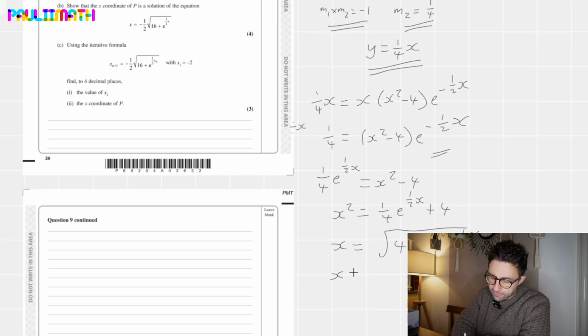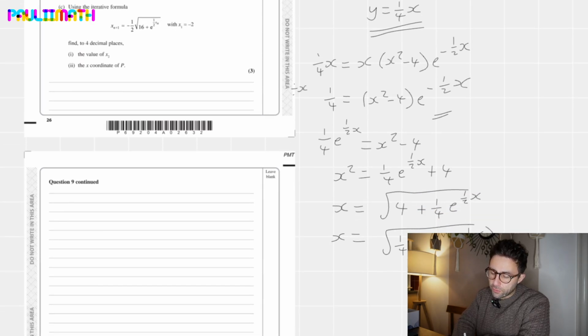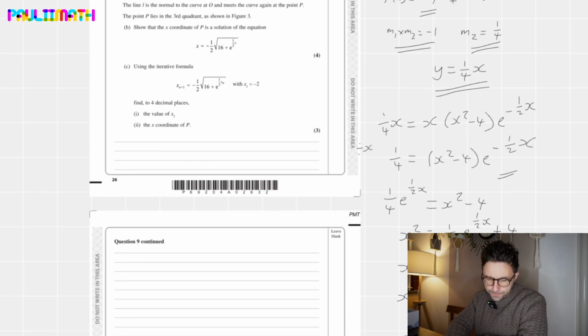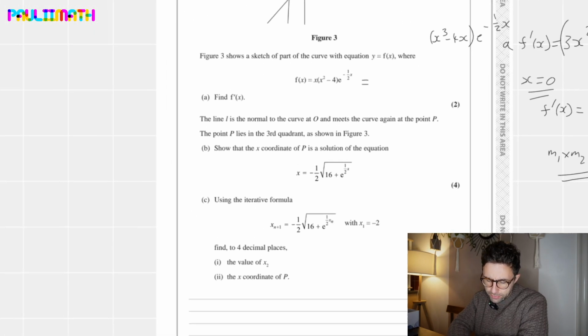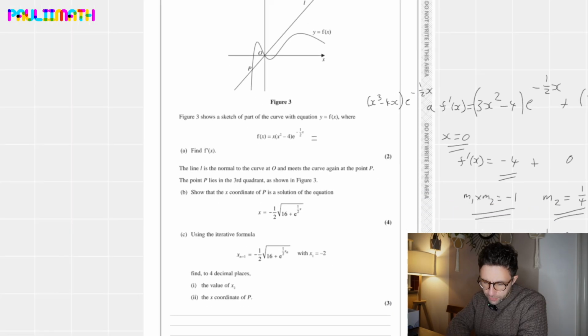Let me just see if I can get the number right first. So you could write it as square root of a quarter times, oh, then that would have to be 16 plus e to the half x, like that. And then you can take square root of a quarter, which is a half. So that's all very well and good. But how do we know to put the minus in when you take the square root?